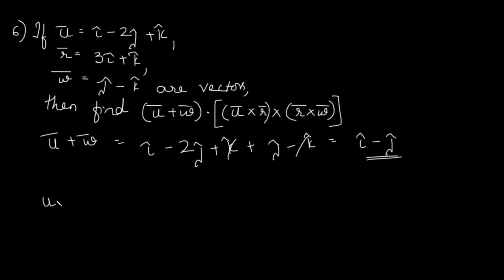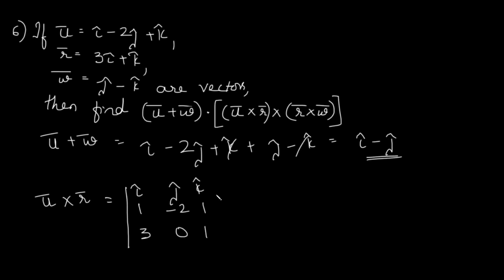Now what is U cross R? We find it by using the determinant method. We write over here I, j and k, and U comes first. The coefficients of I, j, k in U are 1, minus 2 and 1. Similarly with respect to R, we get 3, 0 and 1.